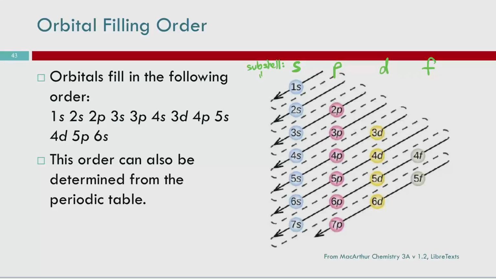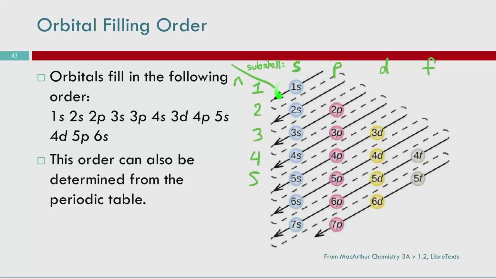And then going down, we've got our N. So we've got options for 1, 2, 3, 4, 5, etc. So we're making basically a grid. You can think of it like a spreadsheet that we're filling in.